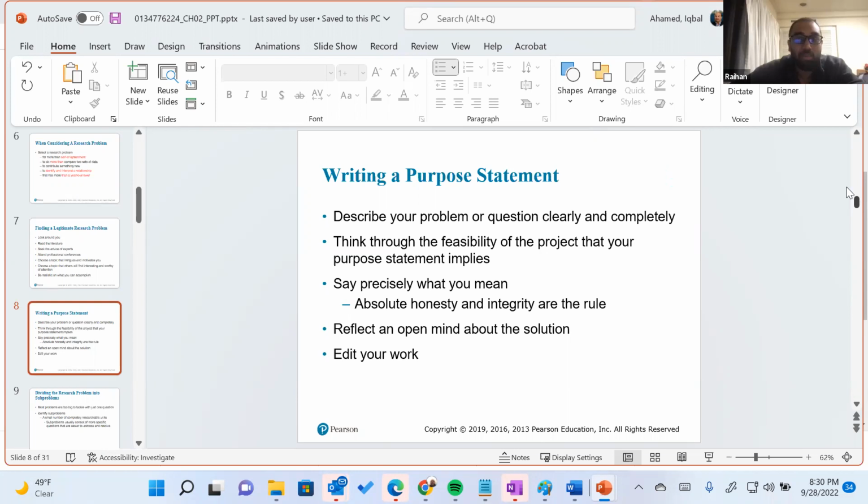Yeah, I can go. Rahan, please go ahead. I have been reading some papers and found a problem: how to measure the concentration of glucose in your blood using skin tone or something similar.